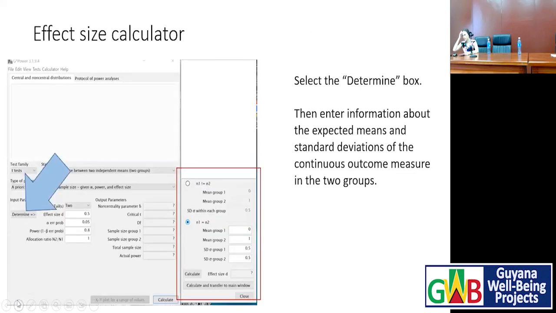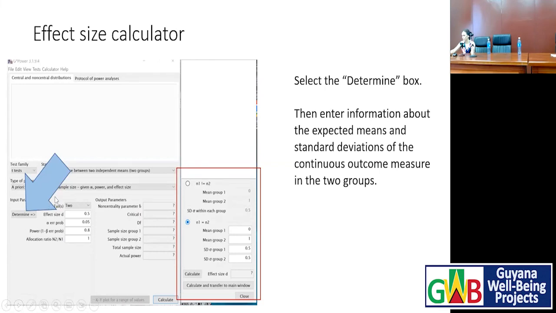Now remember I was saying that for that effect size, if we have a little more information about the possible distribution of values for that biomarker measure, instead of just using a default assumption, we can be a little more precise about the effect size that we fill in.